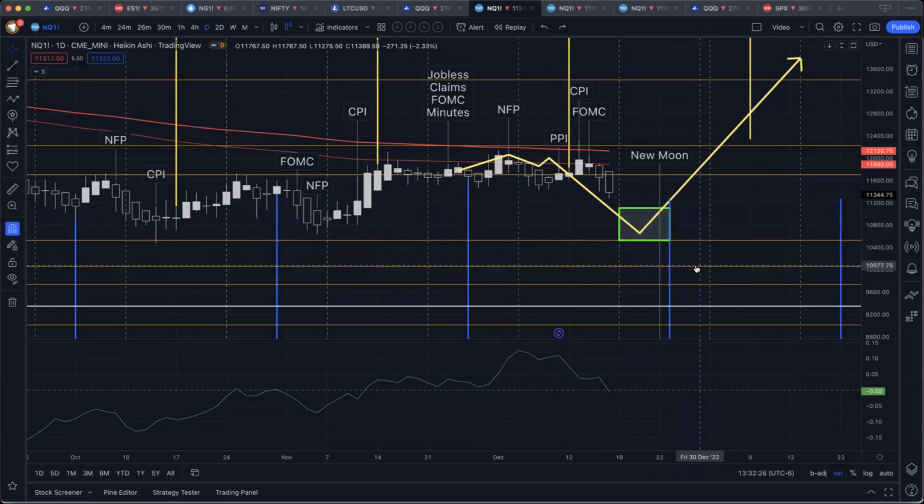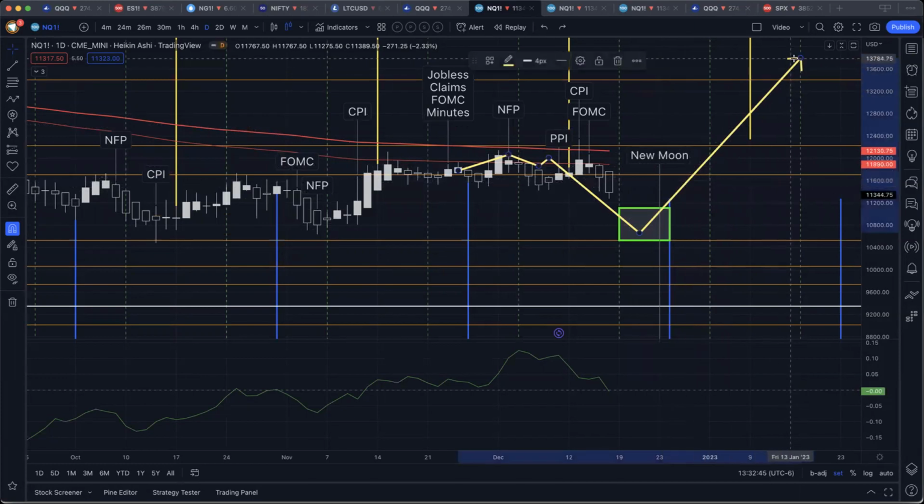I'm not sure, but this is something to be aware of here. And then I think after that, what we're seeing from both the mass pressure index and some of the machine learning is that we'll see a move up into the new year. Okay, so I'm going to update this arrow to reflect that interpretation.